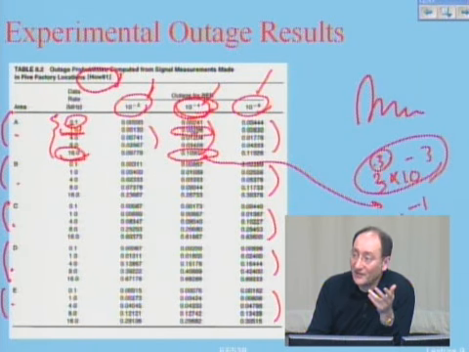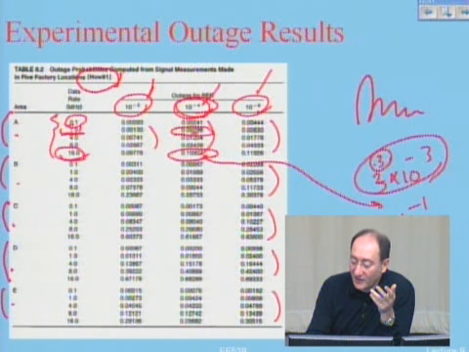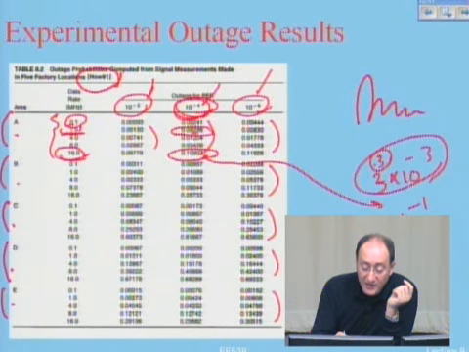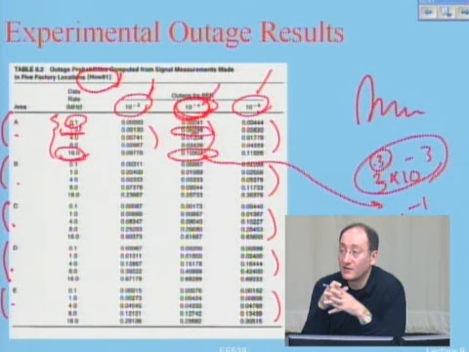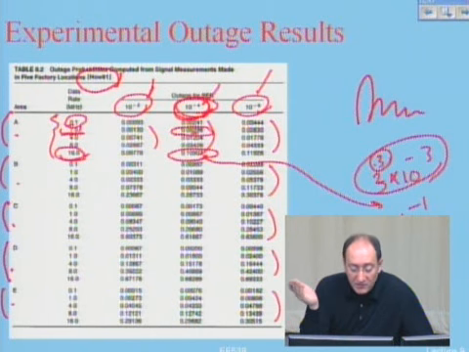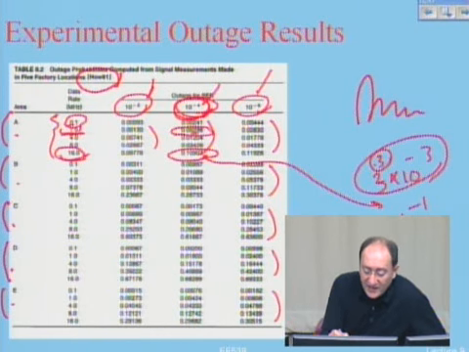0.3 over 1 means that in every 1,000 locations, in 3 locations my error rate is worse than 10 to the minus 4. So if I'm looking for a good data rate here, it depends on what my threshold is and what I will accept.